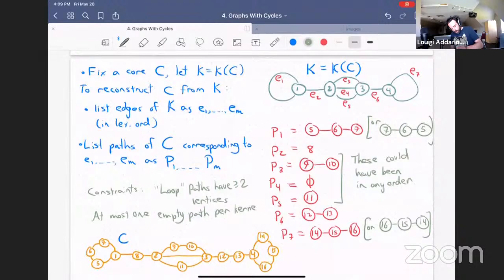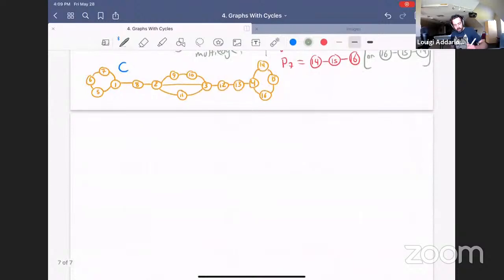Let me say per kernel multi-edge. So those are the restrictions on what sorts of paths will legitimately yield a reconstruction of a core for a kernel. So let me just give a definition corresponding to that.